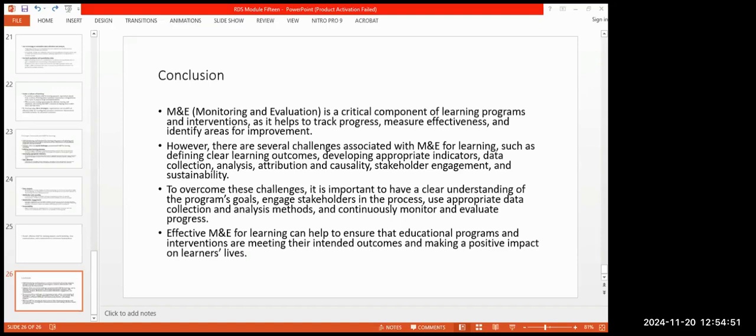I'm going to send a form, which, if you allow me, let me just bring it up. This form for evaluation is very, very important for us. Let me just look for this form.